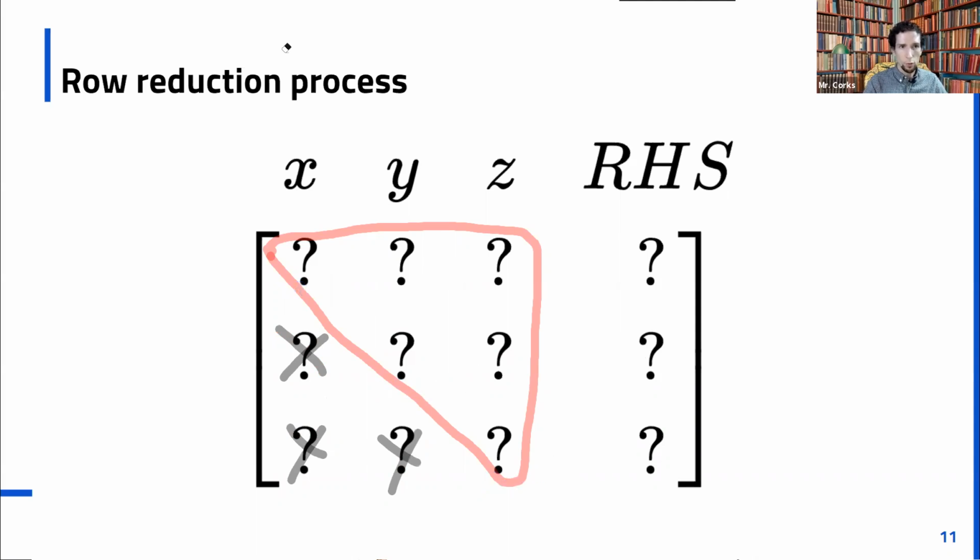It's not crucial, but it does make our job a lot easier. If we don't get 1s there, if it's hard to do that, we can do it later at the very end of the elimination process, but it's not necessary to do it at this point with the triangle shape, but you kind of have that in mind. If it does work out to do that, it's good to do it. Okay, so that's the first step.